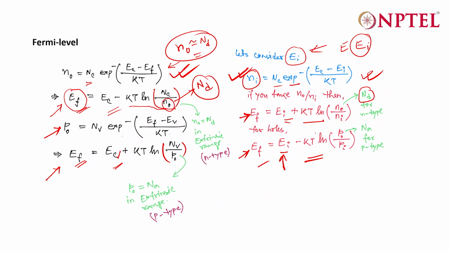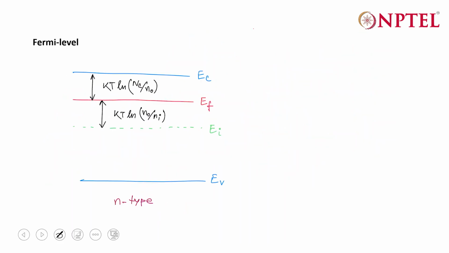So again, if you dope your semiconductor with higher impurities, if it is an n-type impurity, the Fermi level will come closer to Ec, the conduction band level. And for p-type impurity, your Fermi level will go below Ei and come closer to Ev. So here there is a pictorial representation.